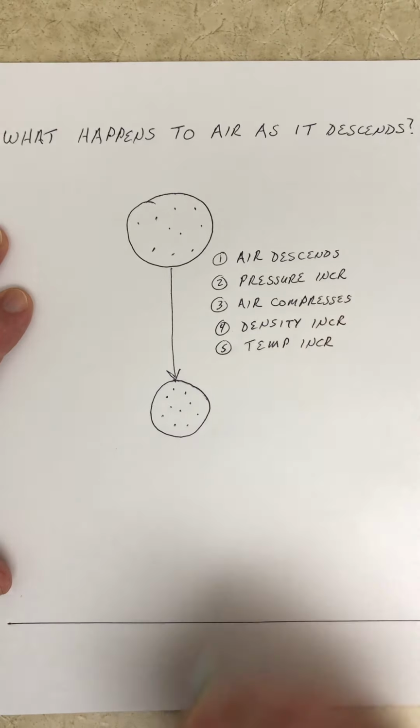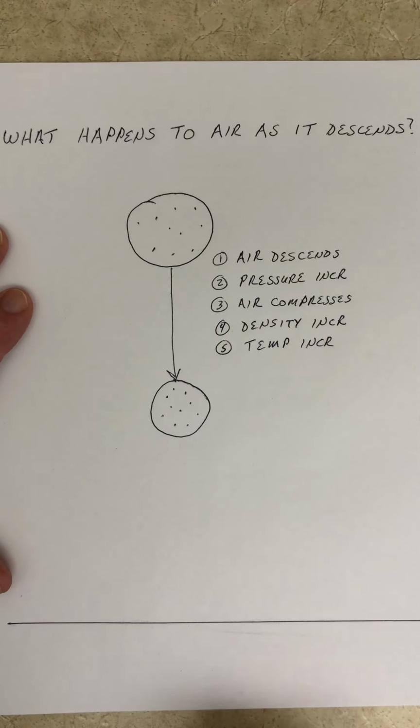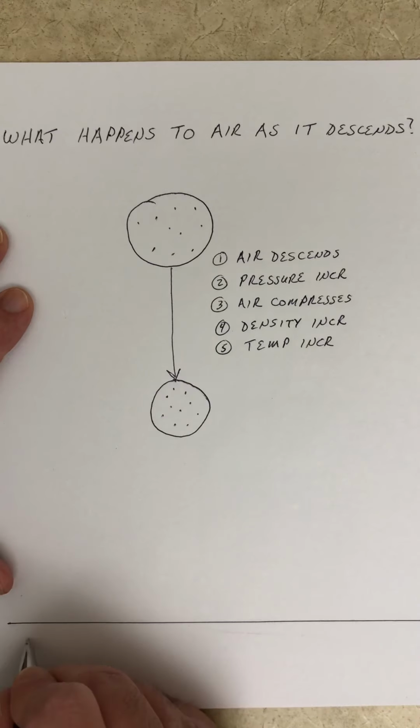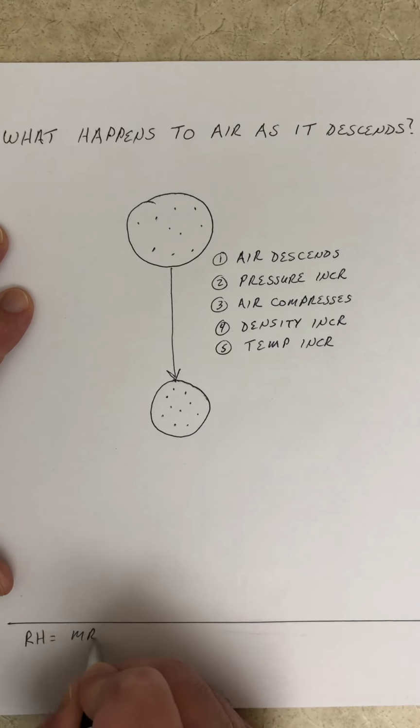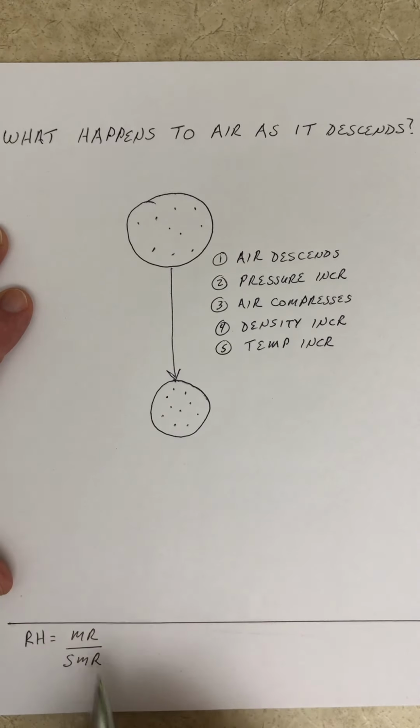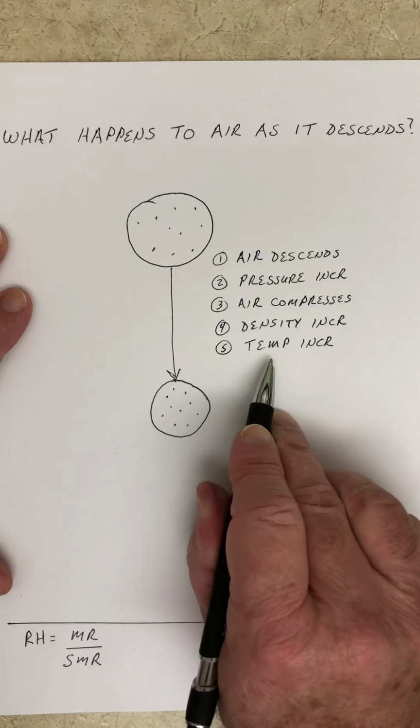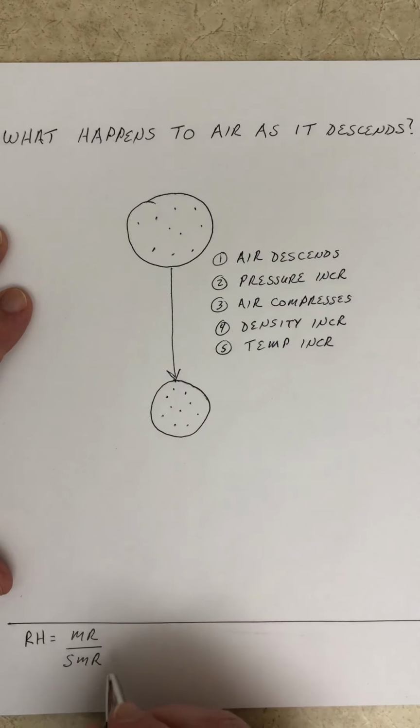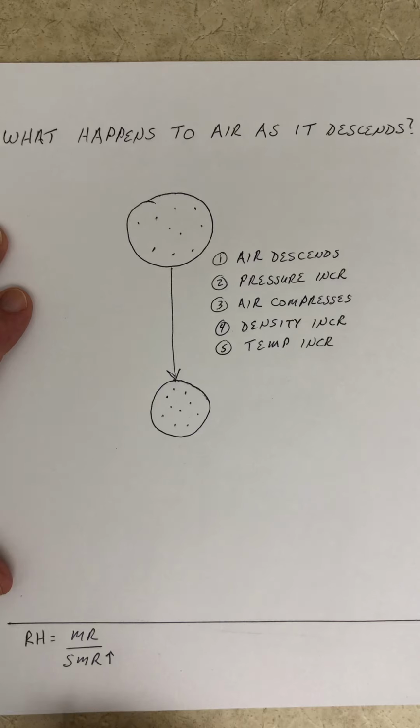So once again, if we relate this back to humidity, relative humidity is equal to the mixing ratio divided by the saturation mixing ratio. If we assume that the mixing ratio is not changing, then we look at the saturation mixing ratio. If our temperature is increasing, that means our saturation mixing ratio is increasing.